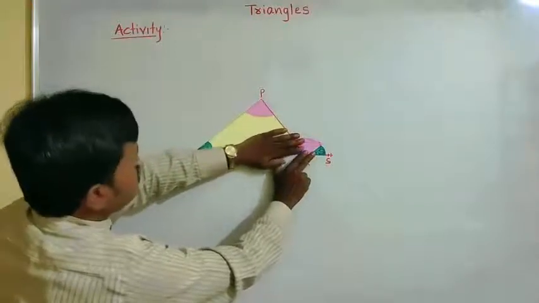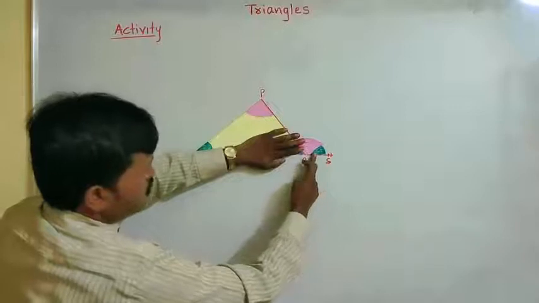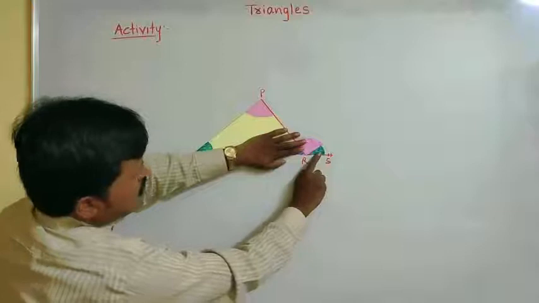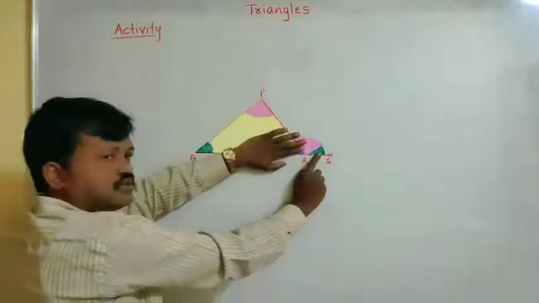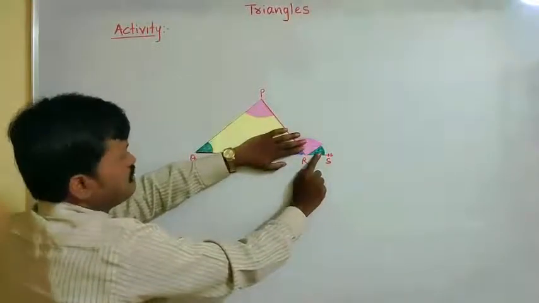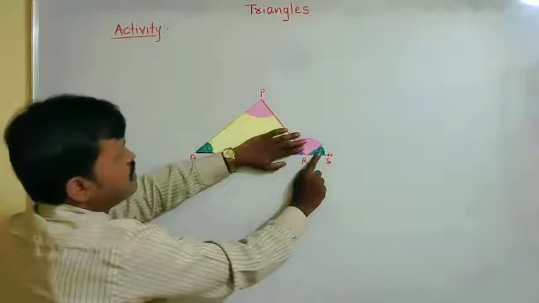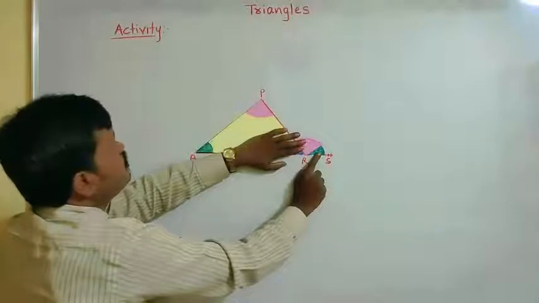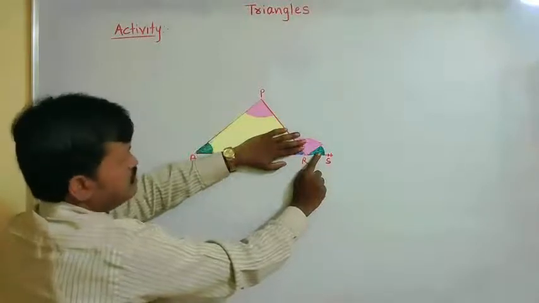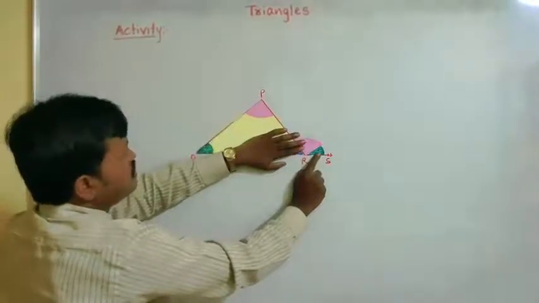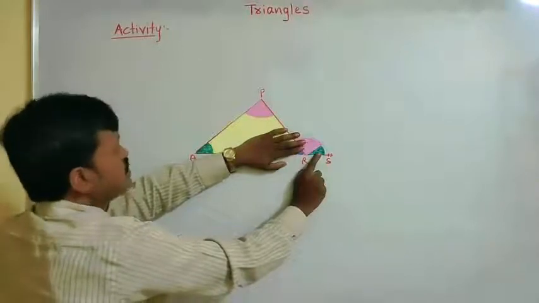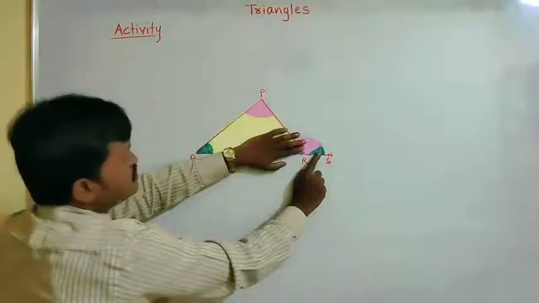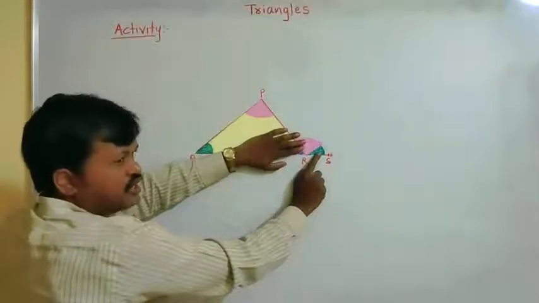Measure of angle PRS is equal to summation of angle P and angle Q. Here pink colored angle is angle P and green colored angle is angle Q. So we see the property of these triangles, that is the remote interior angles.